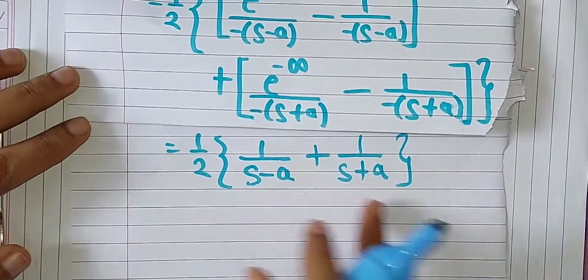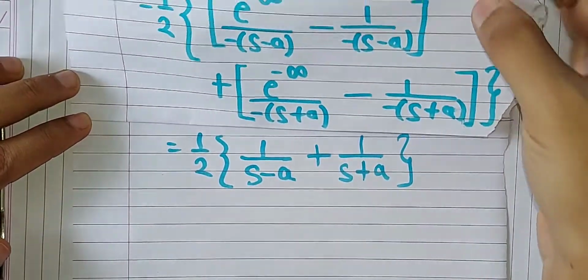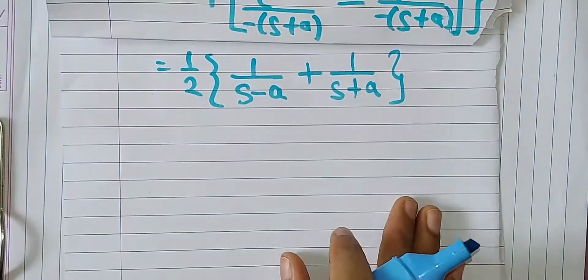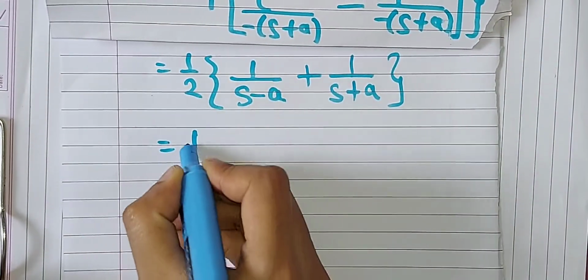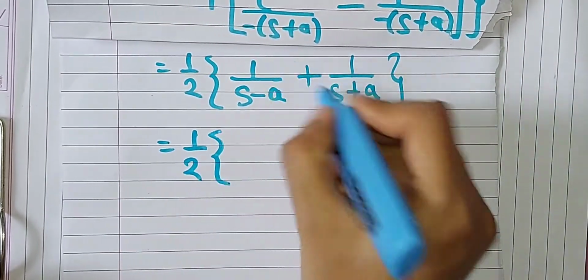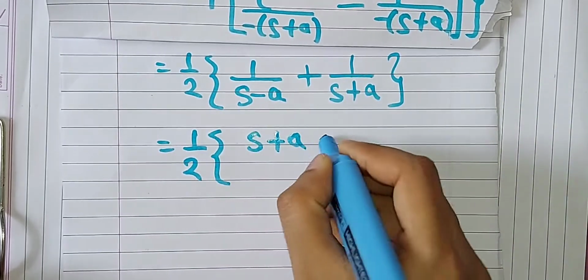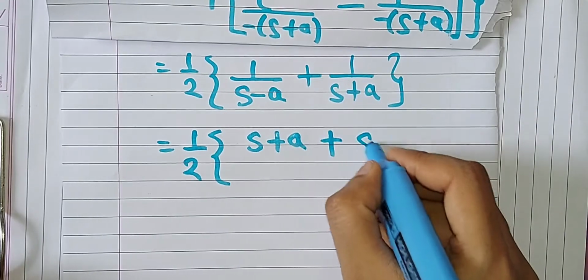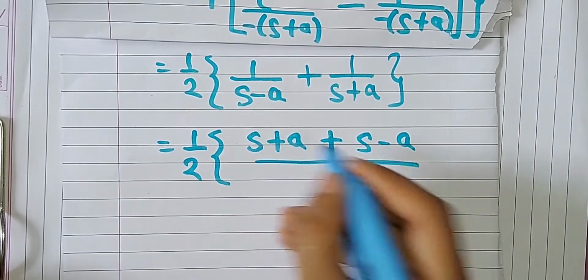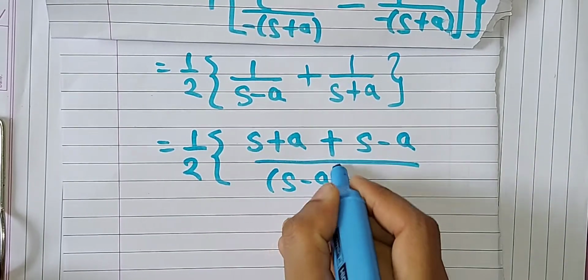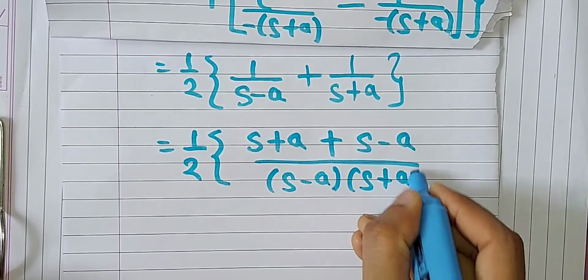Now solve this value to obtain the Laplace transformation of cos hyperbolic at. To solve, do cross multiplication: 1 into s plus a is s plus a, plus s minus a into 1, that is s minus a, divided by s minus a into s plus a.